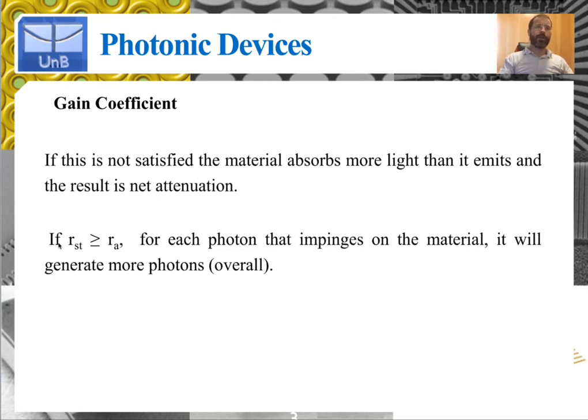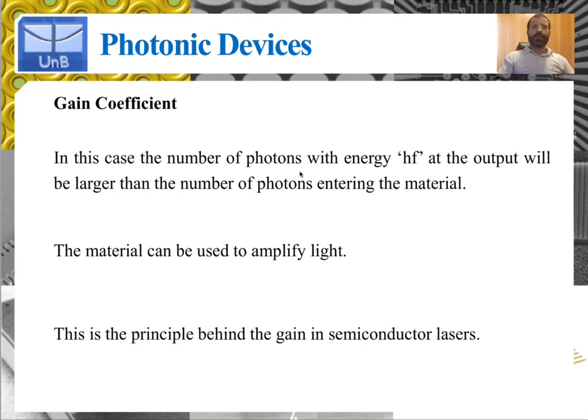If, on the other hand, the rate of stimulated emission is greater than the rate of stimulated absorption, then for each photon that arrives at the material, it will generate more photons than it absorbs, so it will be able to amplify the impinging beam of light. The number of photons with energy hf at the output will be greater than the number arriving at the material, and the material can be used to amplify light.